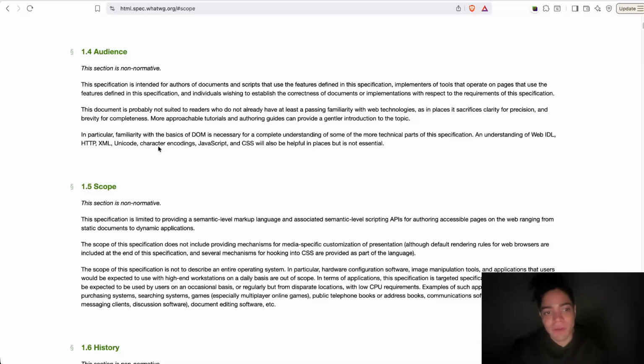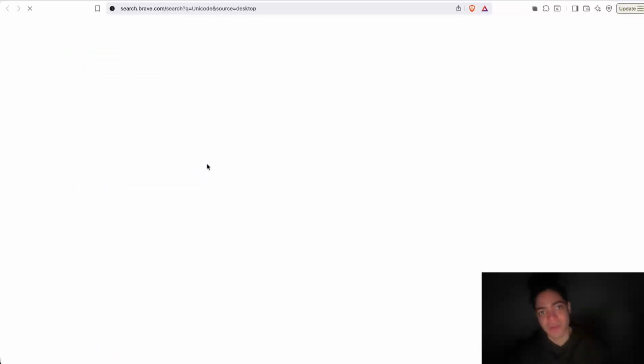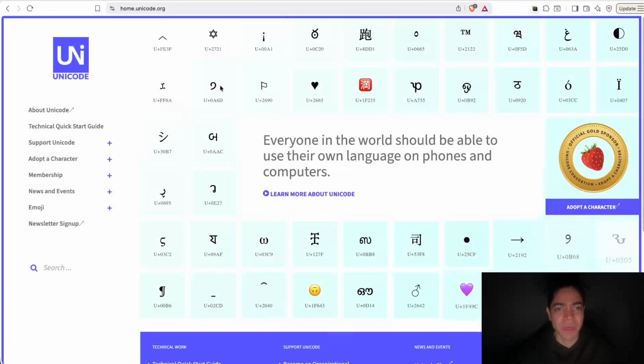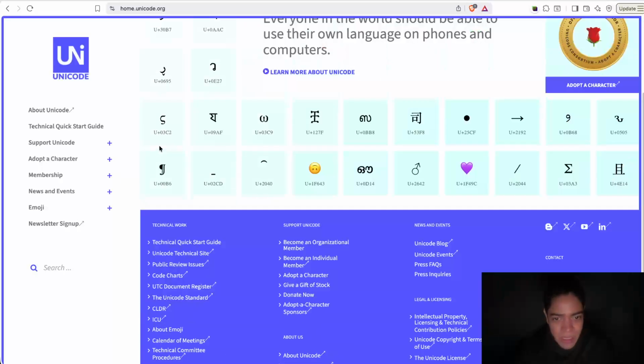And also, let me take a look here at the Unicode website. I don't know if people actually look at this website, you know, it's like, this is why I'm actually doing this kind of stuff, you know.